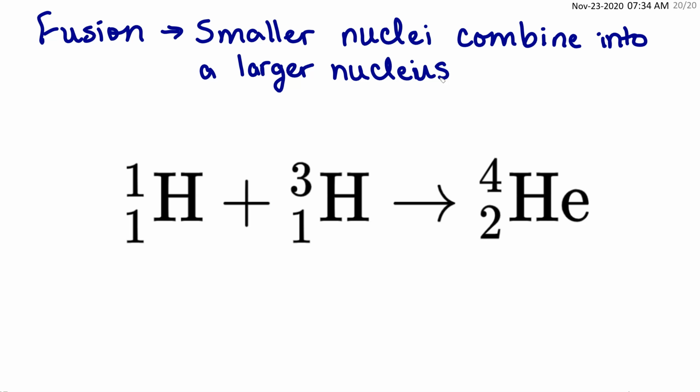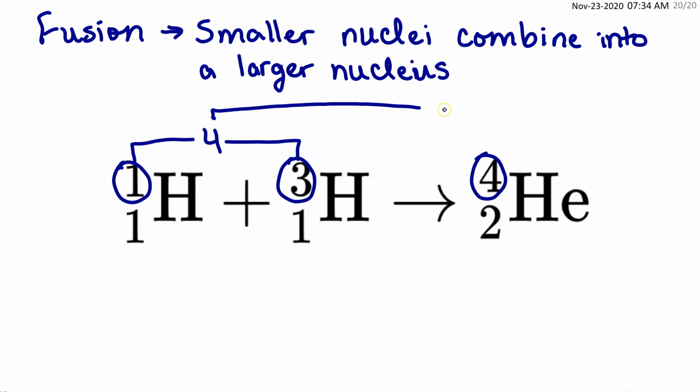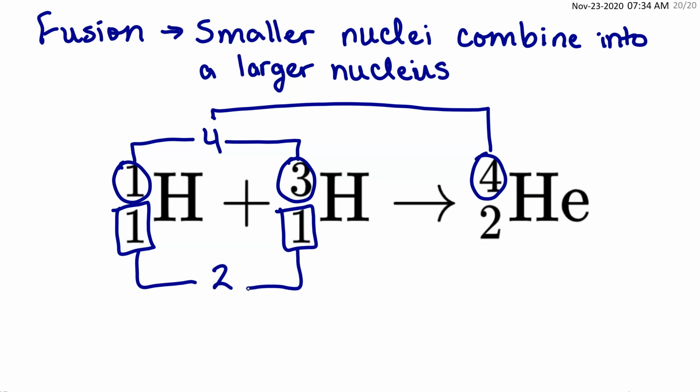However, all of our rules still apply. Our mass numbers on one side add up to our mass number on the other side. Our atomic numbers add up on one side to whatever it adds up to on the other side.